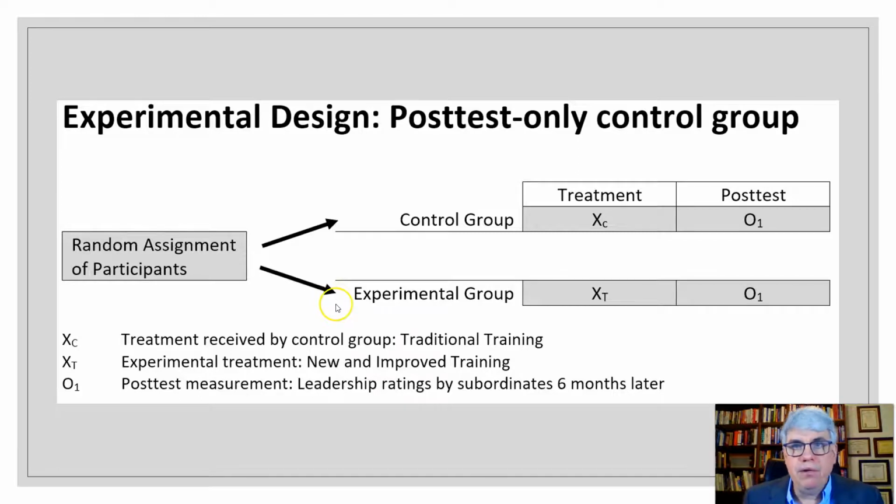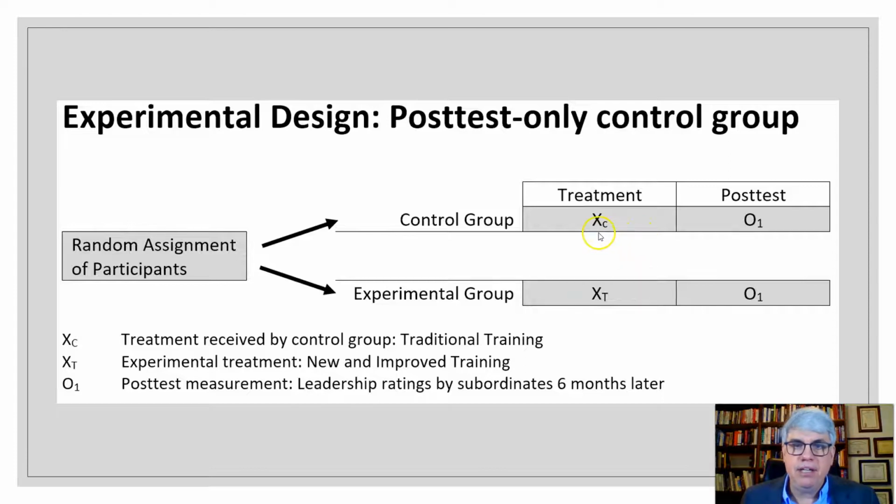And as far as we know, these two groups are identical, because they're completely random and any differences are just going to be by chance, which means most of the random error is going to cancel out. And then each group is going to receive what's known as the treatment, and that's represented by X's in this type of notation.